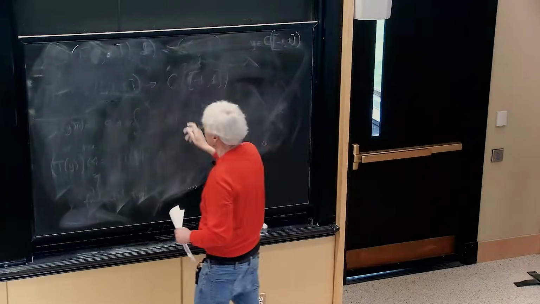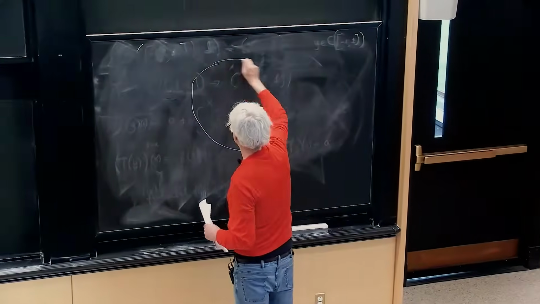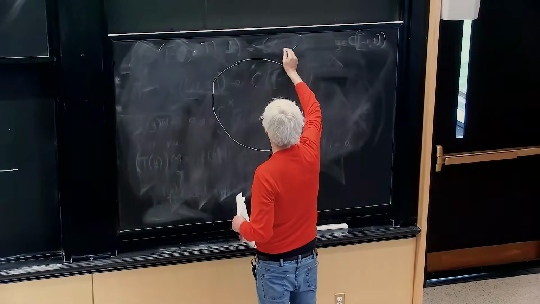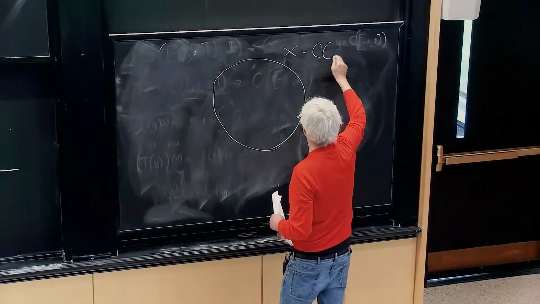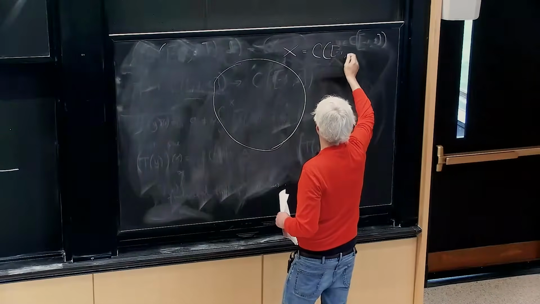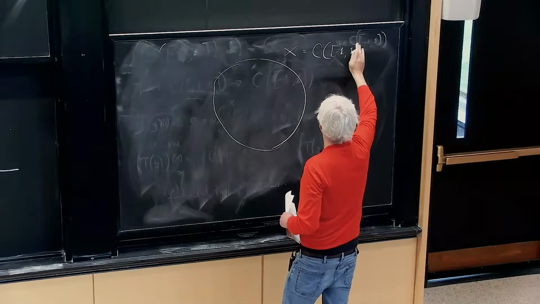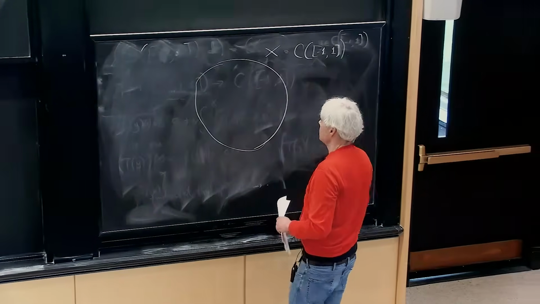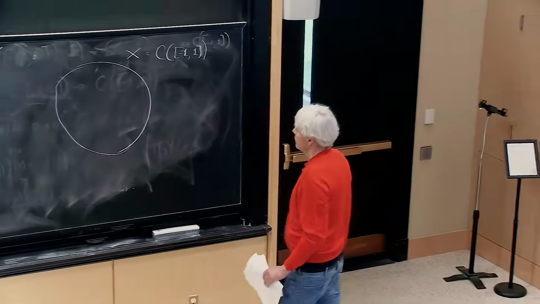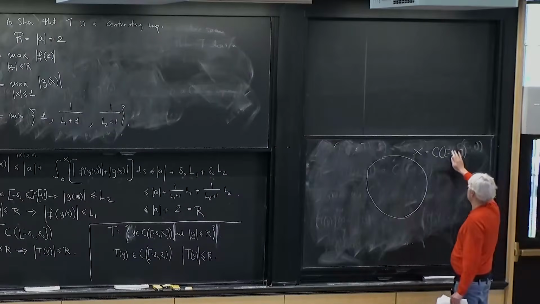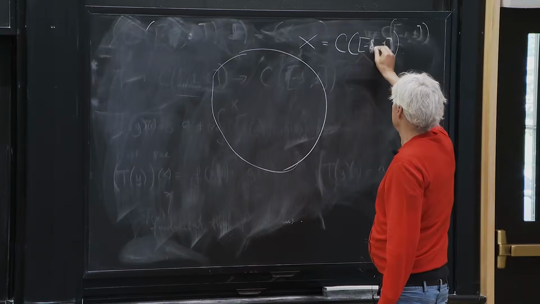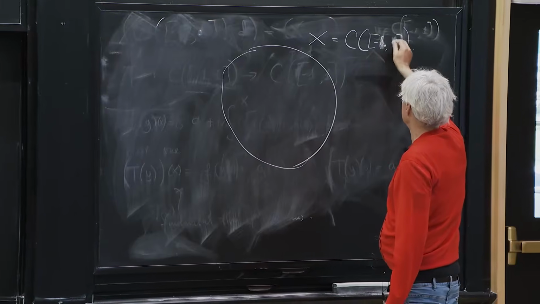So imagine that we're starting with some giant metric space. This is the continuous function, say, on this interval. And then we're looking at some subspace of that. So these are continuous on a smaller interval.